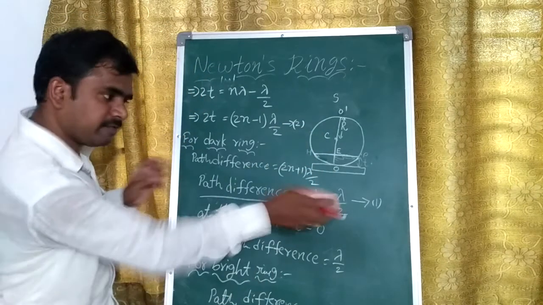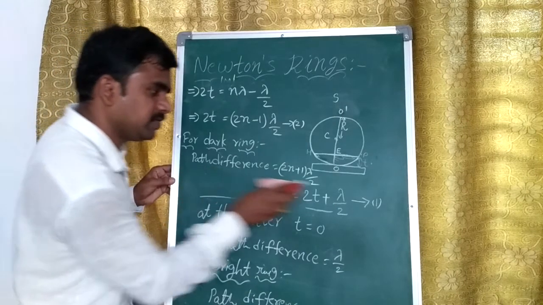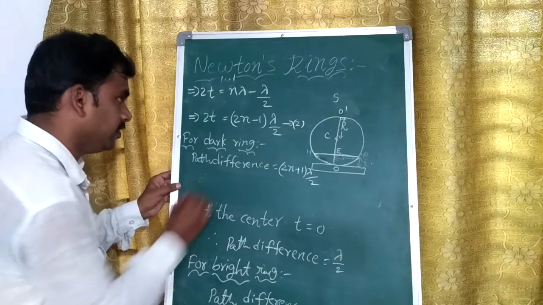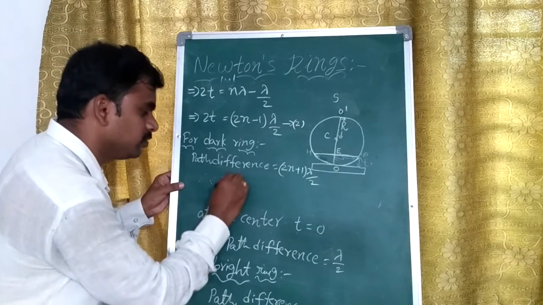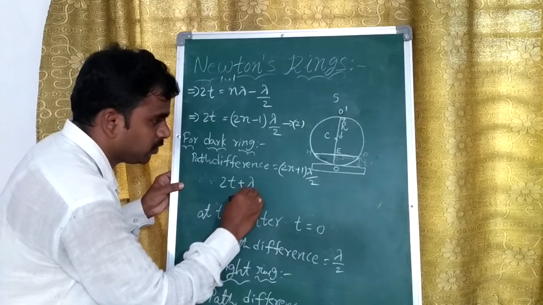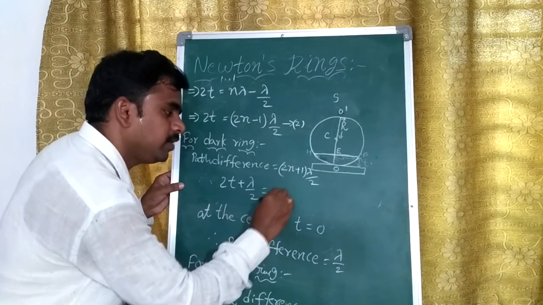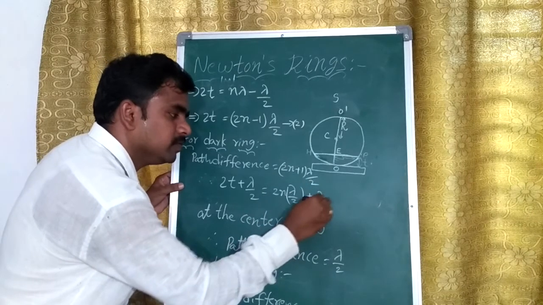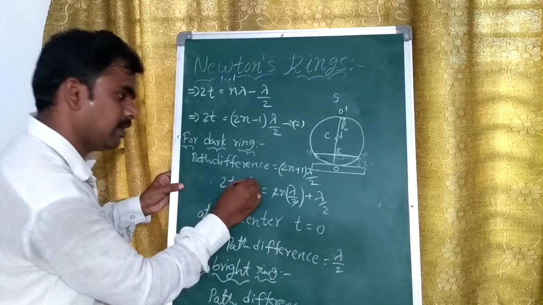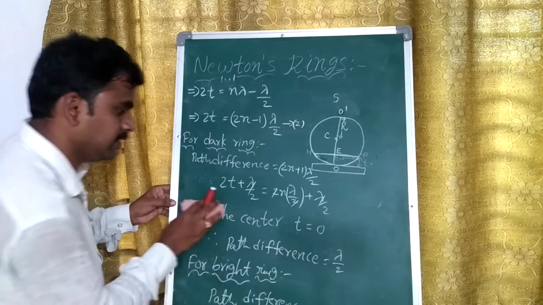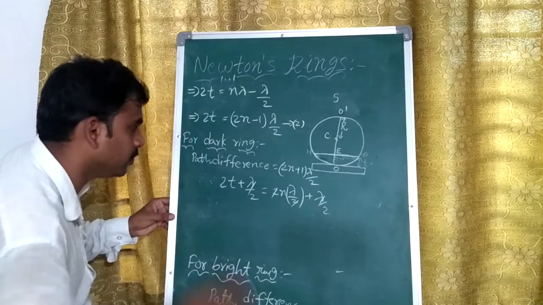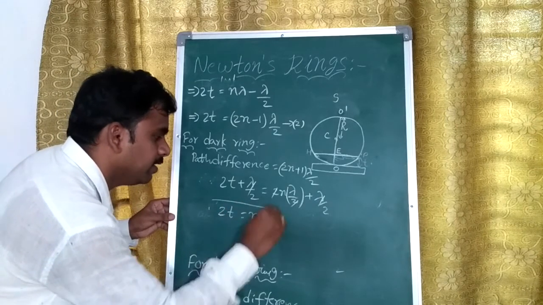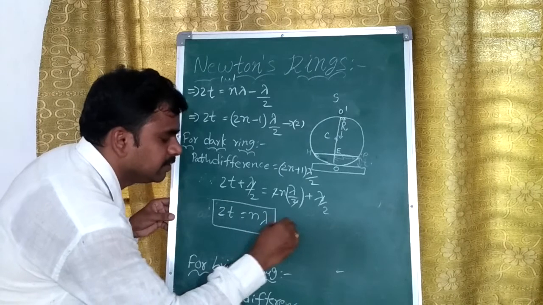As per our first equation, that equals 2t plus lambda by 2. Therefore, if we equate those two, 2t plus lambda by 2 equals (2n plus 1) into lambda by 2. The lambda by 2 cancels. Therefore, 2t equals n lambda. This is called equation number 3.